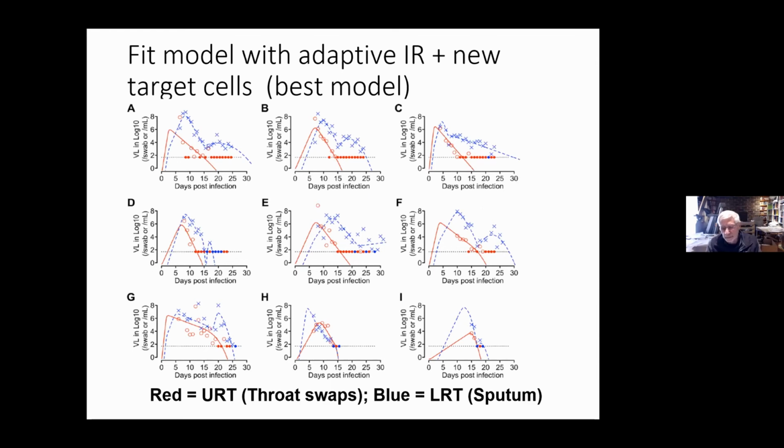We added new target cells by just assuming them appearing locally. That also didn't do as well. We've looked at models where we just assume de novo infection, that new virus, you can just breathe it in and it seeds new infection in the lower respiratory tract. That does almost as well as this. The fits look the same again, but it's being penalized by extra parameters.